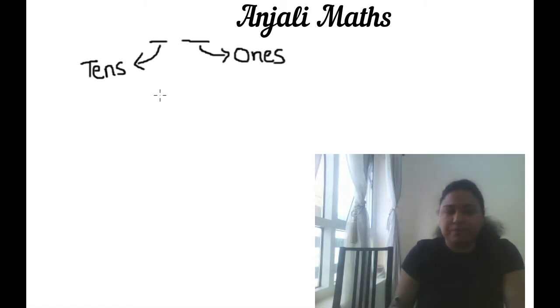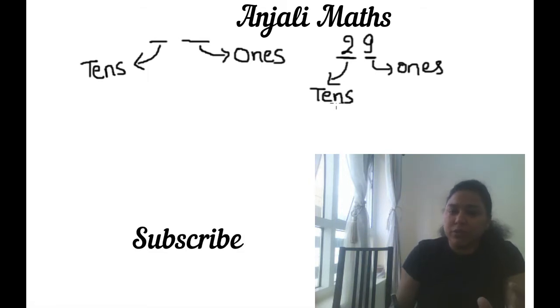For example, if you have 29, then 9 is at the ones place and 2 is at the tens place. In this way we will denote the positions of the numbers.